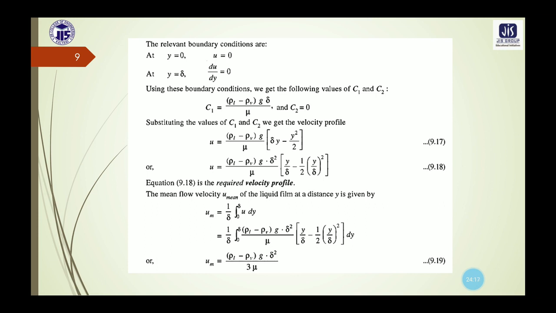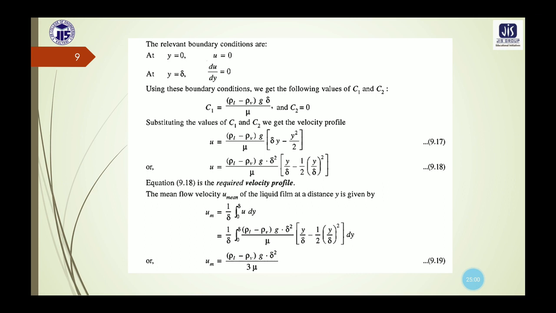Now if we need to find the expression for the mean flow velocity, that is u mean of the liquid film at a distance of y, then we need to use this expression: um equals 1 by delta times the integration from 0 to delta of u dy. Here in this expression we need to put the value of small u that we have found in terms of the velocity profile.